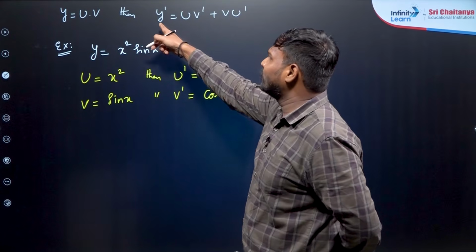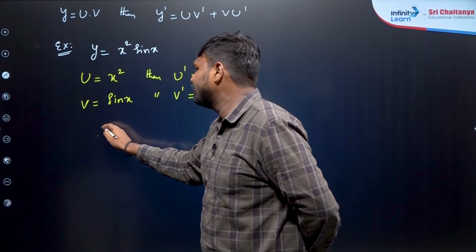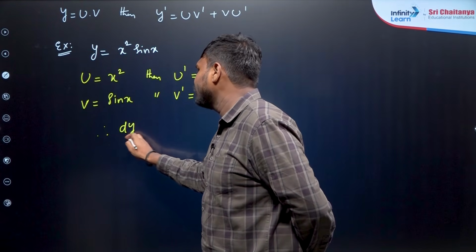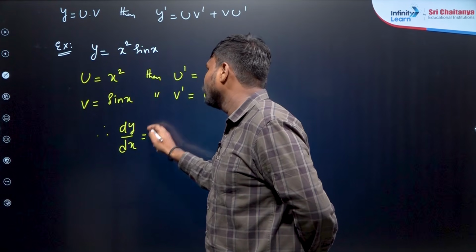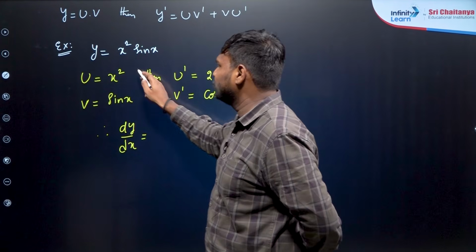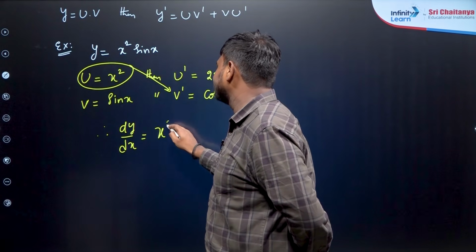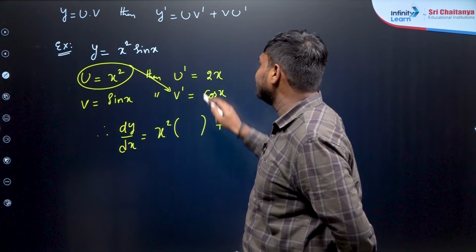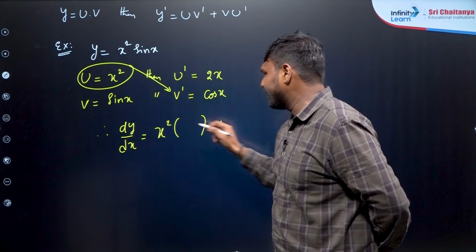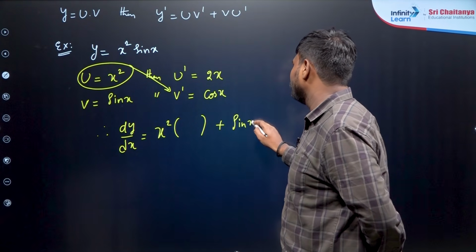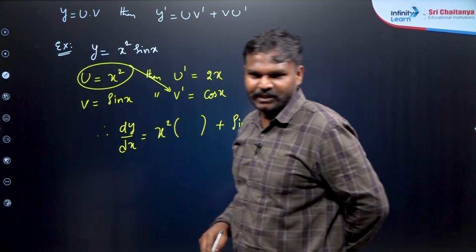Now what is the answer? y dash, that is dy by dx, is equal to u v dash, first function into derivative of second function, plus v u dash, second function into derivative of first function.